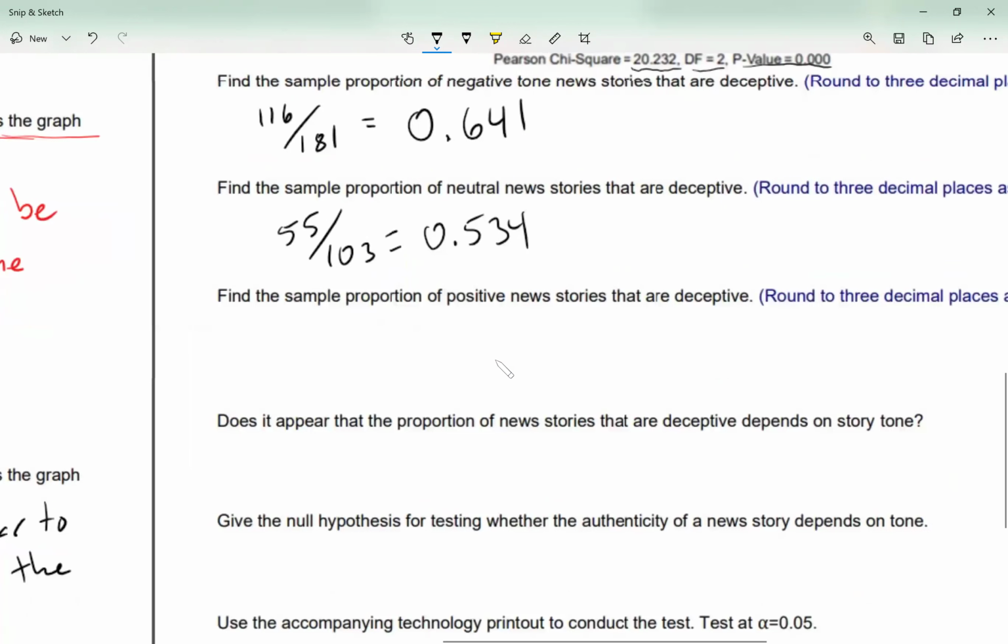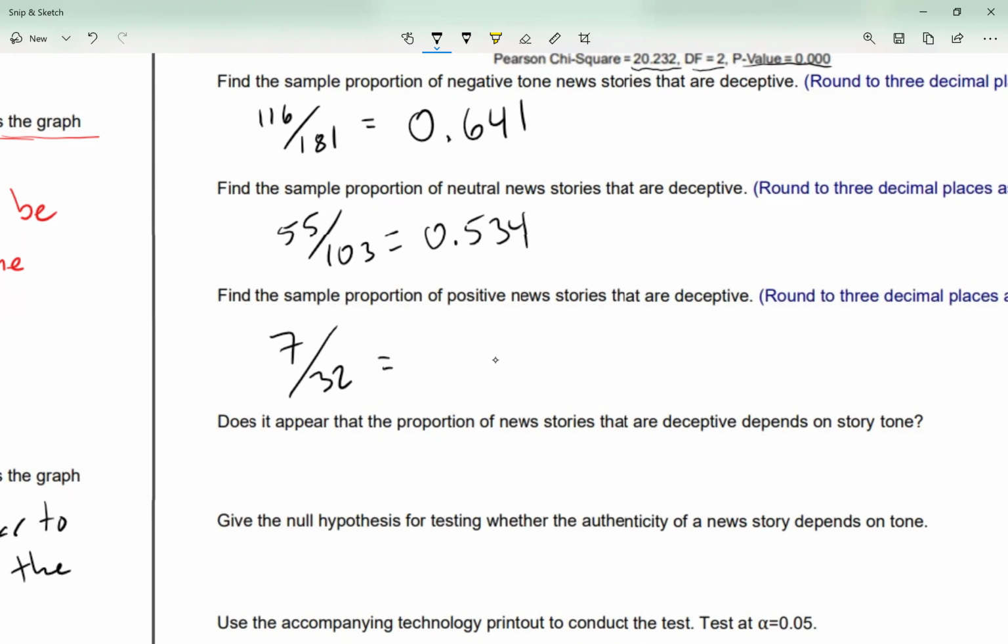Now, on my third question here, find the sample proportion of positive news stories that are deceptive. So from the positive tone, there were 7 deceptive stories. So 7, divide this. There were a total of 32 positive tones. So 32.